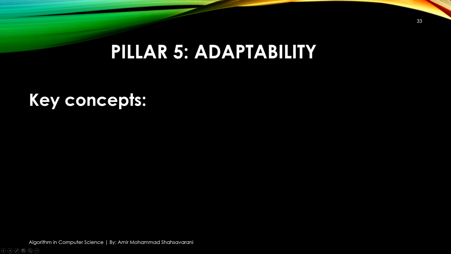Our fifth pillar, our fifth category, adaptability. Speaking about adaptability, adaptability is concerned with the ability of an algorithm to adjust to changing input conditions or requirements.